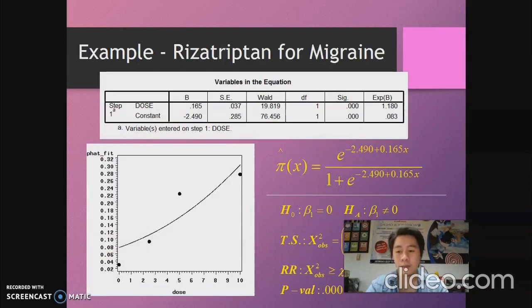So we also have the table, the variables in the equation.